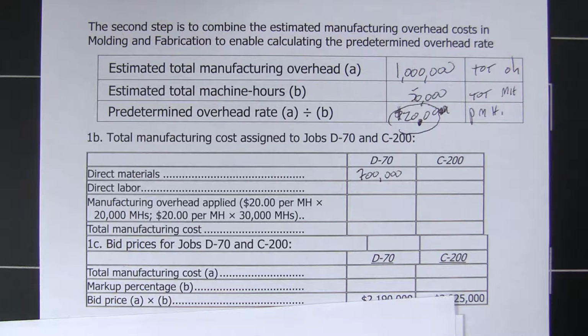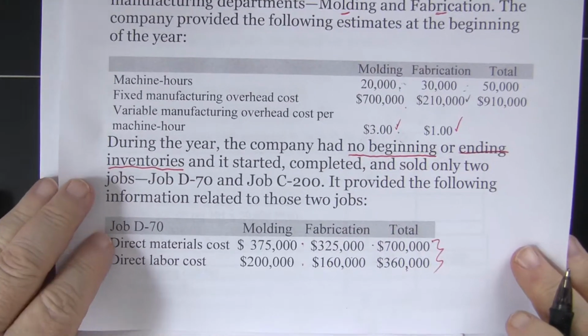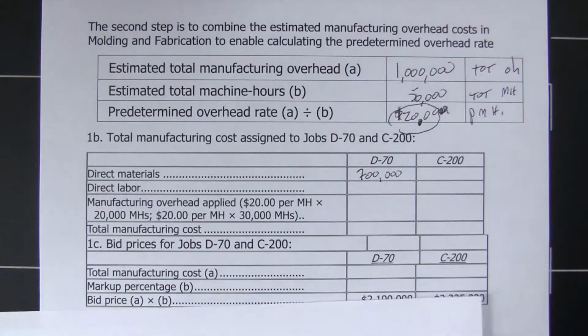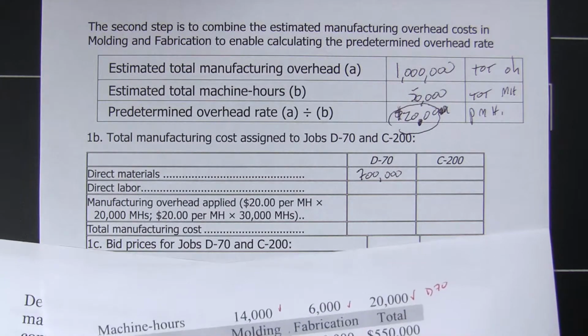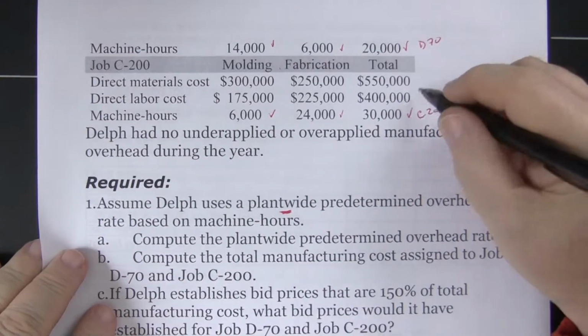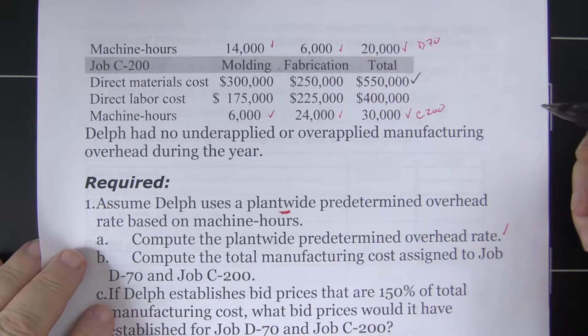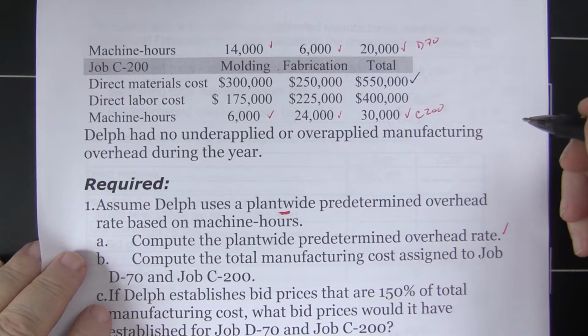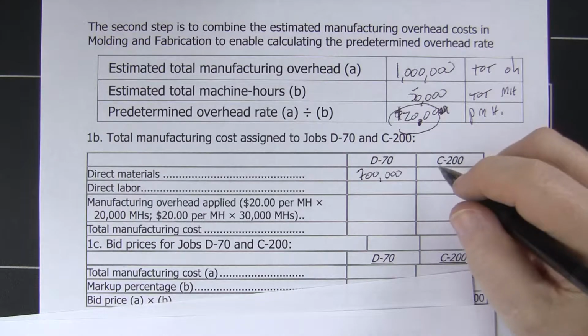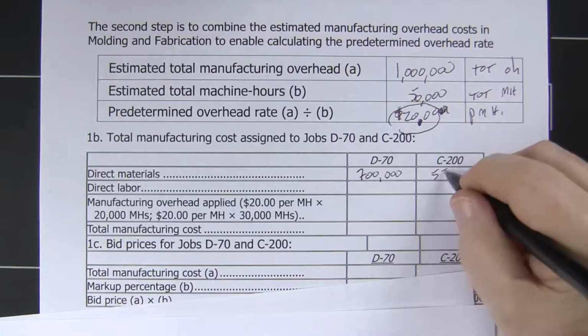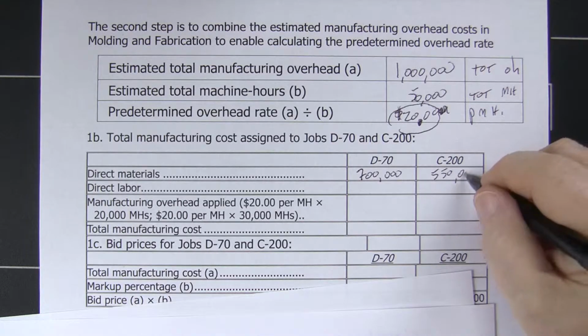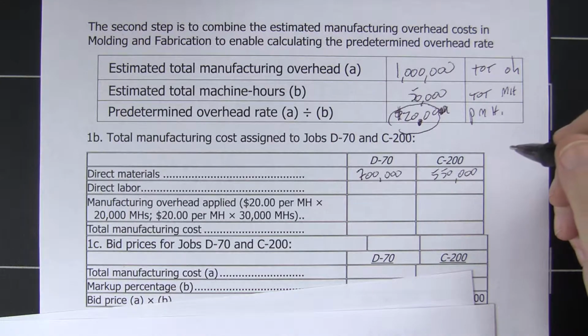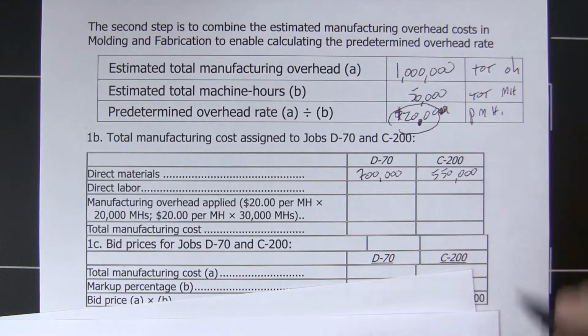Hold on a second here. Direct materials for C200 is $550. I wanted to make sure you see where I got that from. They gave us that. Direct material for C200 is $550. The direct labor, again, you see where we got those. We got those from the information they gave us up front.